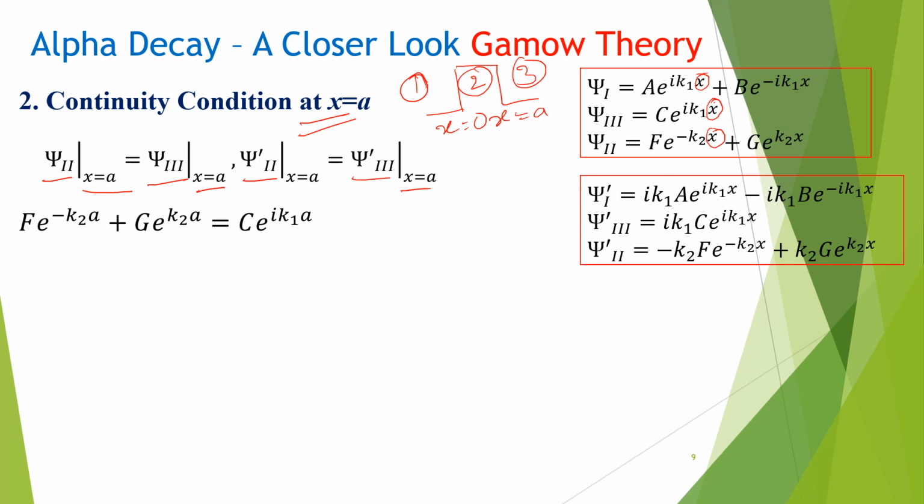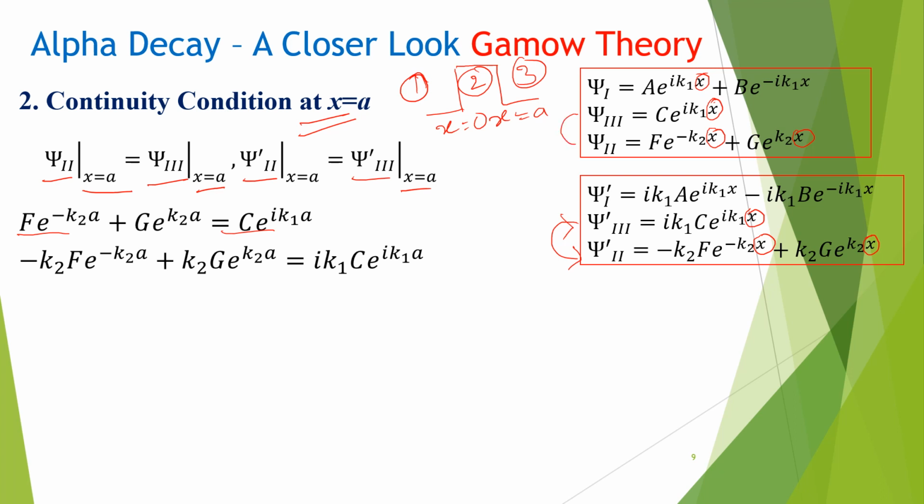So psi2 equal to psi3 gives us f into e to the power k2a plus g into e to the power k2a, that is equal to c into e to the power k1a.